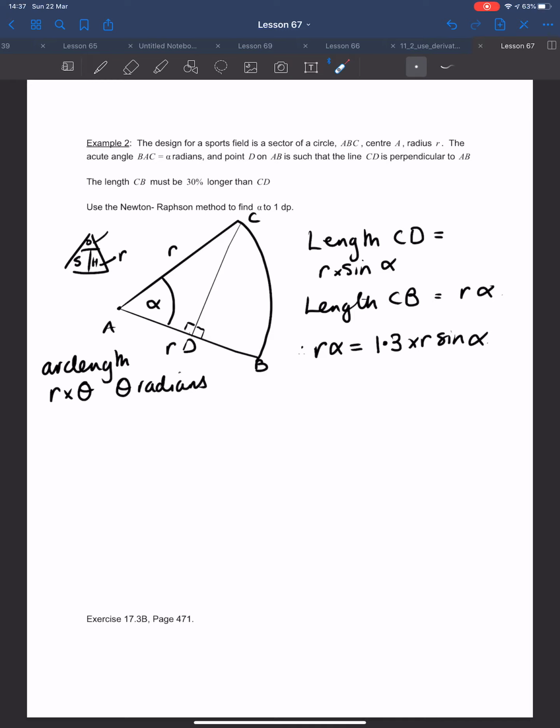Anything else here? R alpha equals, yep, so that's all the setup there. We can divide both sides by r. And then, because it's Newton-Raphson and we want it set equal to 0, we can say alpha minus 1.3 sine alpha is 0.